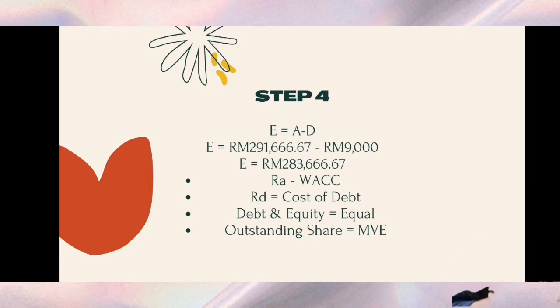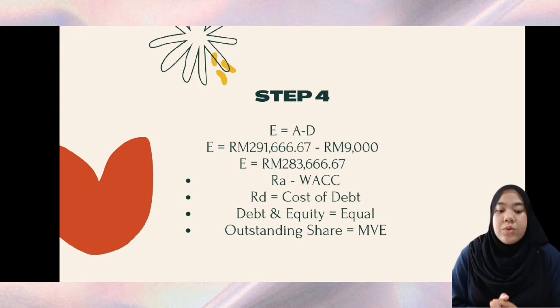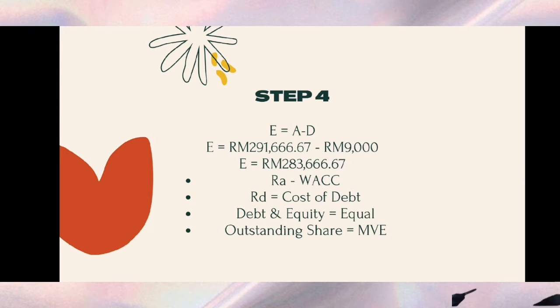For the fourth step, we list what we use in this question. RA is equal to WACC, meaning the amount of RA equals the amount of WACC. Second, RD is equal to cost of debt. Debt and equity, as the director said, are equal, and the outstanding share is equal to MVE, or market value equity.